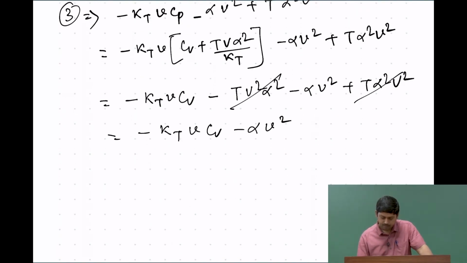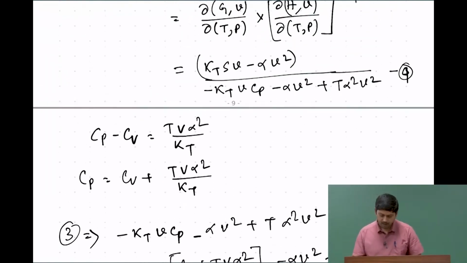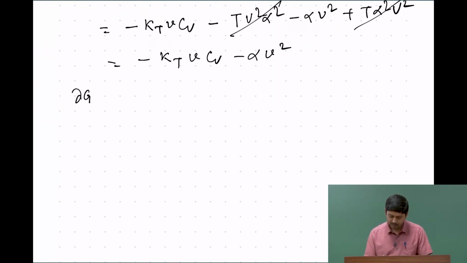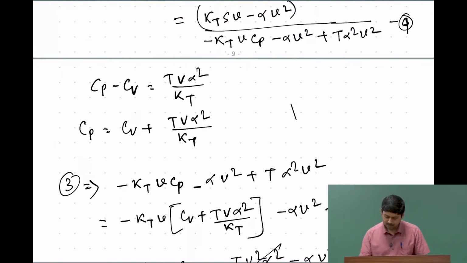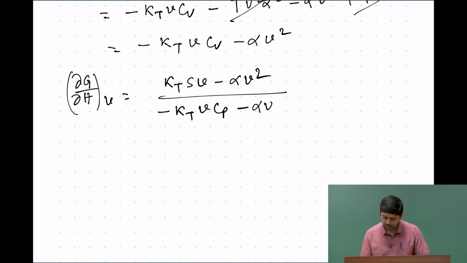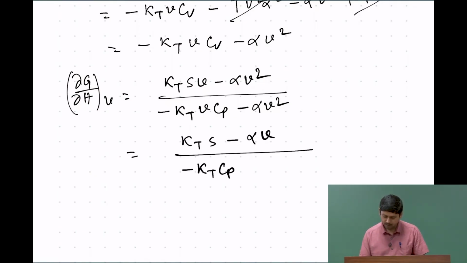So, therefore, the result is a little bit simpler: kappa T S v minus alpha v square. So, del g by del h at a constant v is kappa T S v minus alpha v square divided by minus kappa T v C v minus alpha v square. At least one v can go, and we get kappa T s minus alpha v divided by minus kappa T C v minus alpha v.